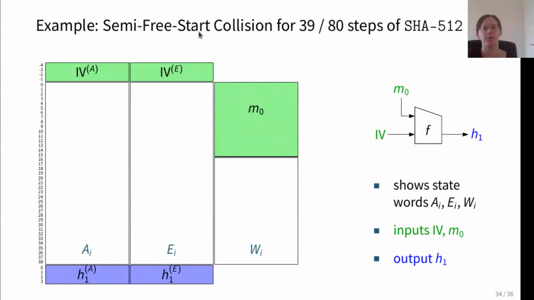We only want a so-called semi-free start collision, which means we want no differences in here. But we do allow differences here. And these will then, since the later words are computed recursively from this, there will also be some differences in the words here. And we need to choose them in such a way that they are able to cancel out the intermediate differences here.